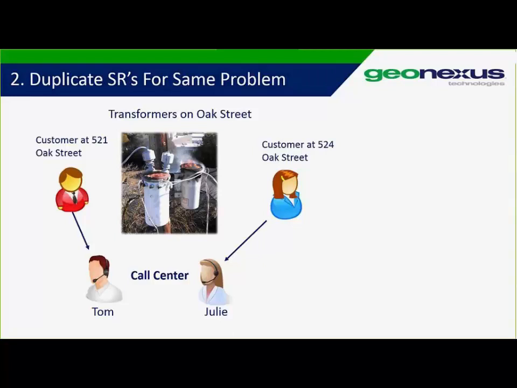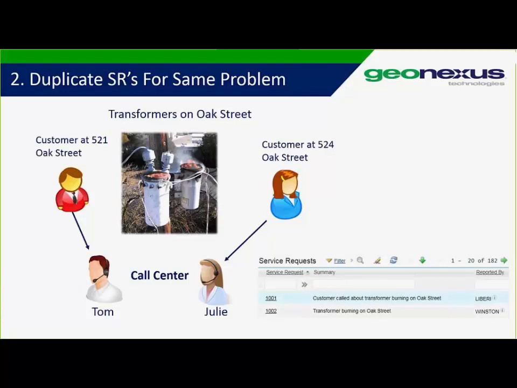The next challenge that we hear quite a bit about is, I have duplicate work orders, I have duplicate service requests in Maximo. Maybe in the case of this example, there's a transformer that's on fire on a street, Oak Street. Customer at 521 Oak Street calls in and reports that incident, and a customer at 524, a different customer, the neighbor, calls in and talks to a different customer service rep and reports the same problem.